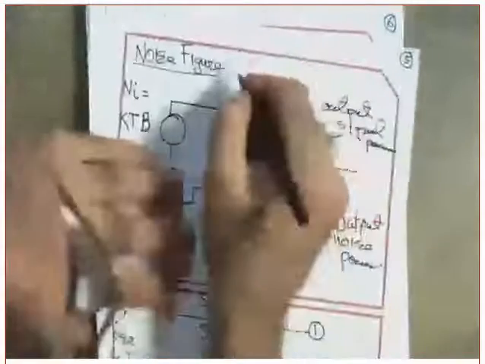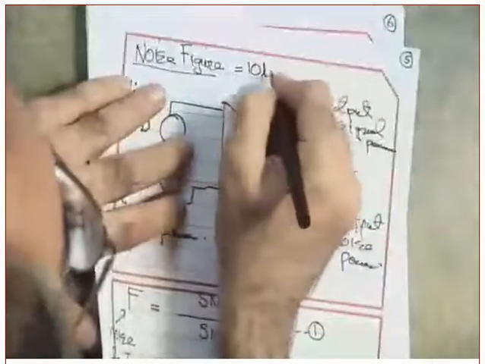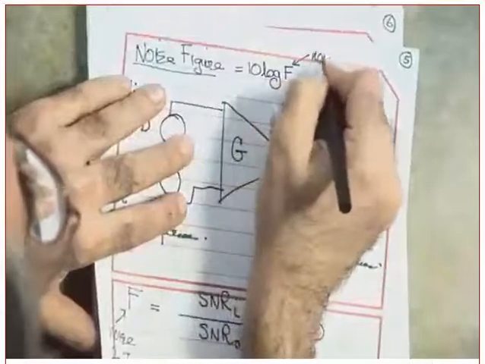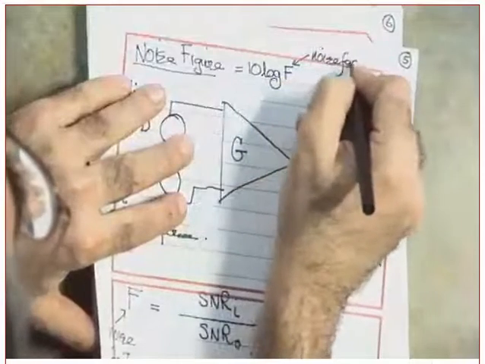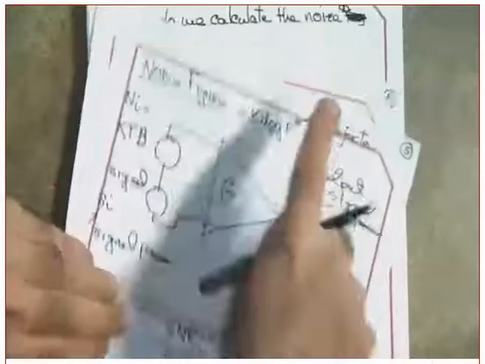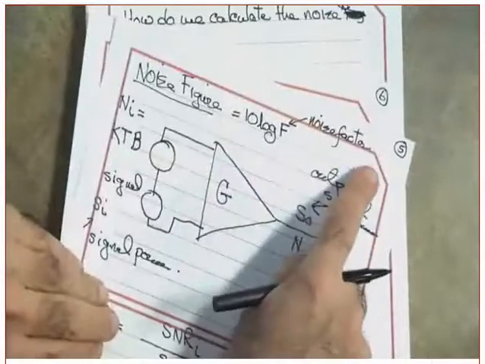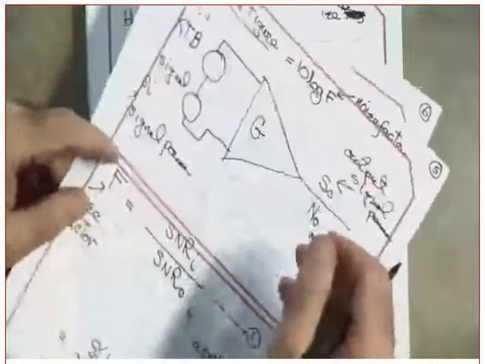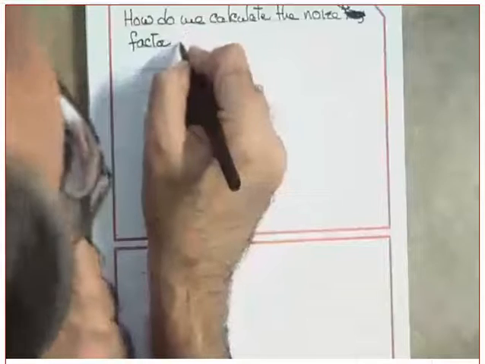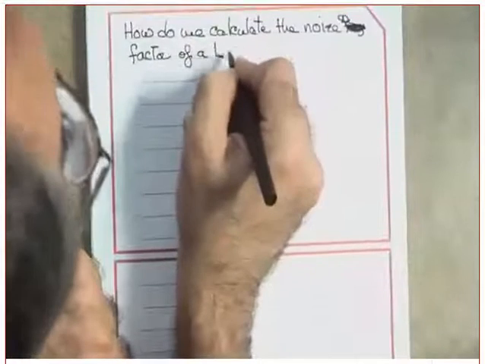The noise figure is equal to 10 log the noise factor. All the equations that we are going to see are the noise factor. At the end, you need to take the 10 log. Clear?